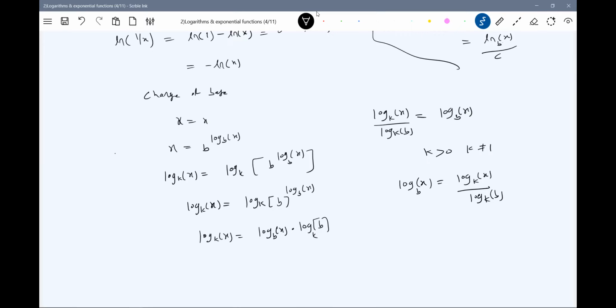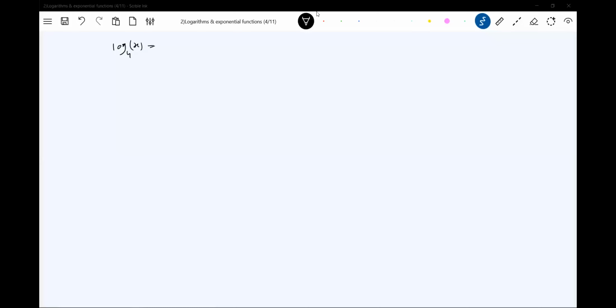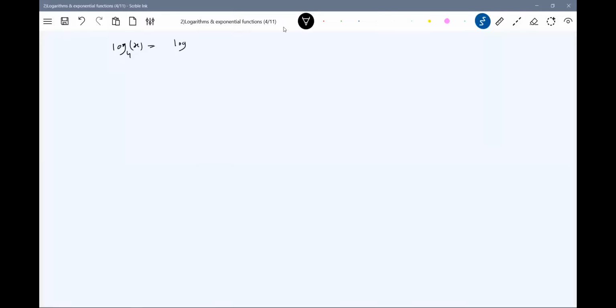Like how to simplify log x to the base 4. We'll take one example. To simplify this easily, we'll do one thing: log x to the base 2 by log 2 to the base 4.